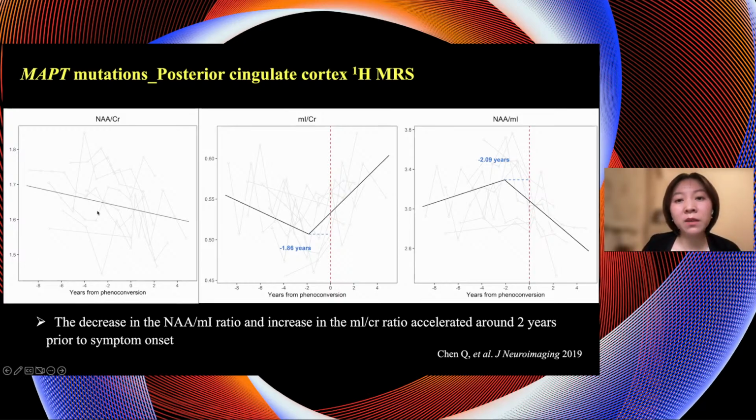And 4 of them converted from the asymptomatic stage to the symptomatic stage. So we saw there is a point where the decrease in the NAA plus MI ratios accelerated around 2 years prior to the symptomatic onset.